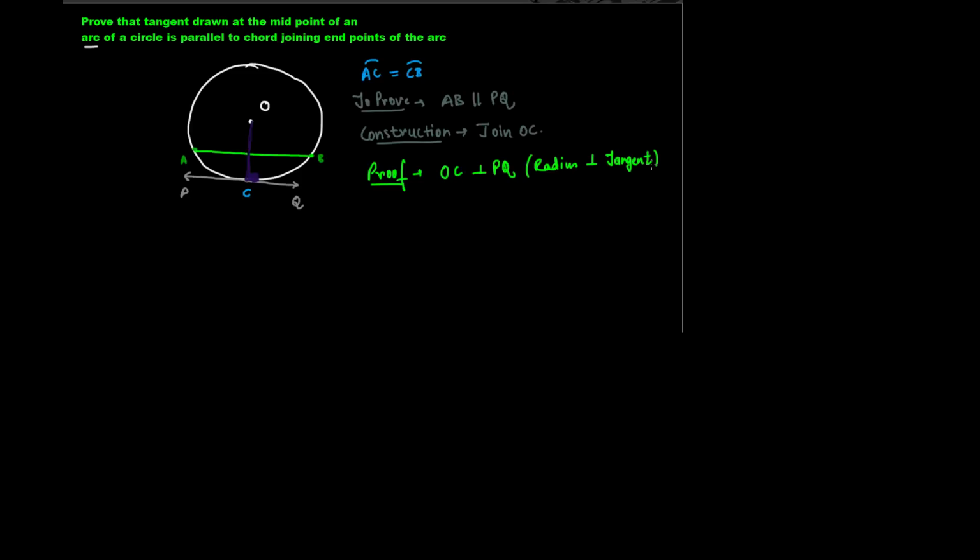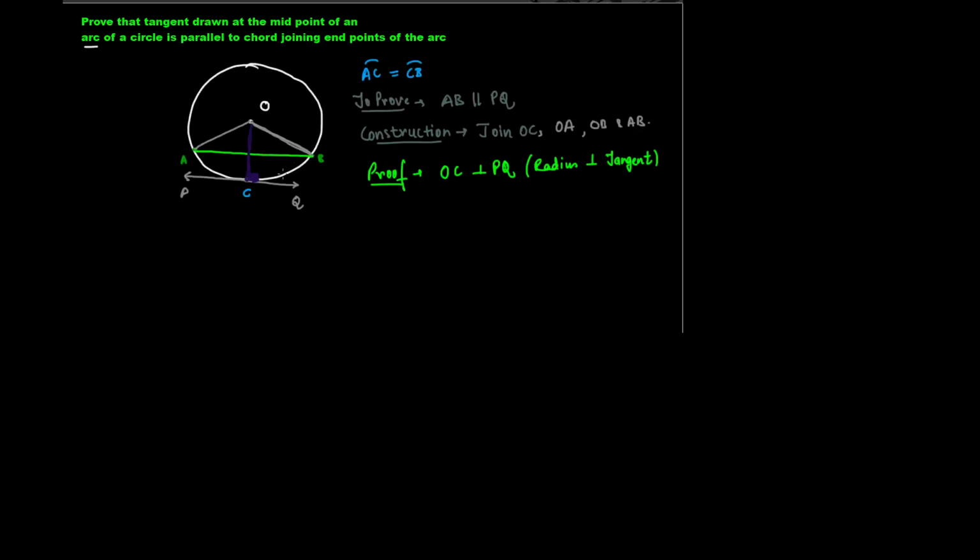The next thing which you should add in the construction itself: join OC, OA, OB and AB. AB is already joined. Now you need to join OA and OB as well.